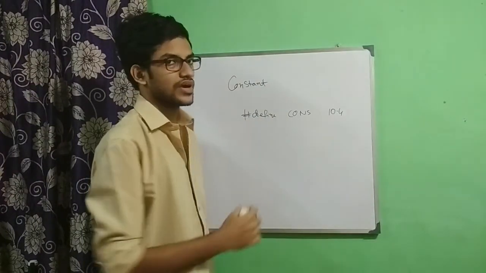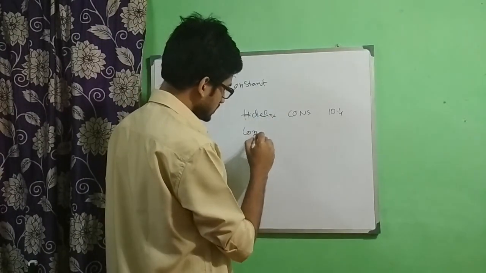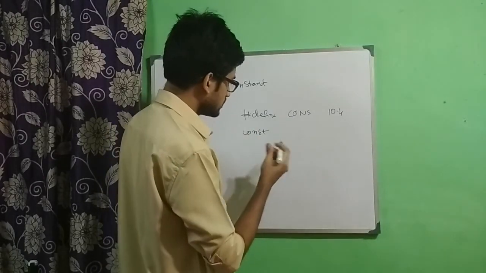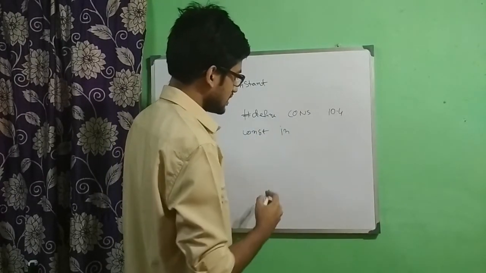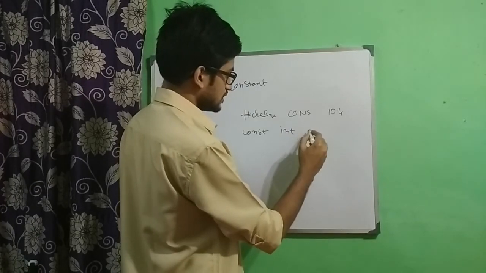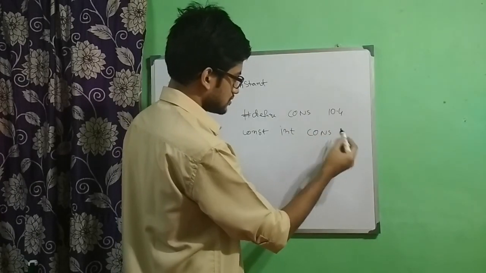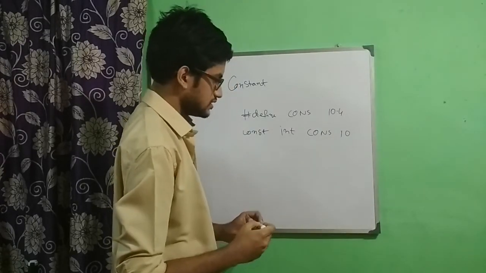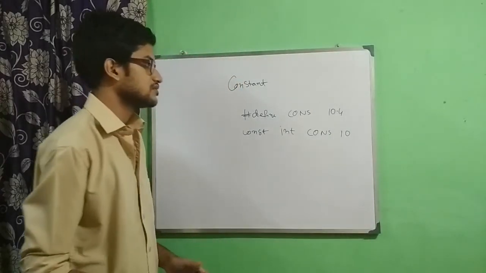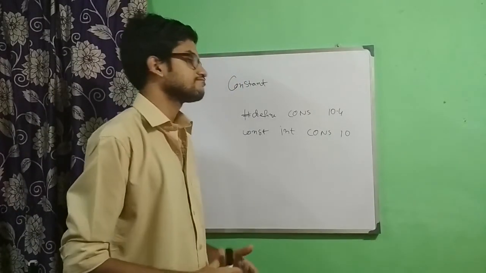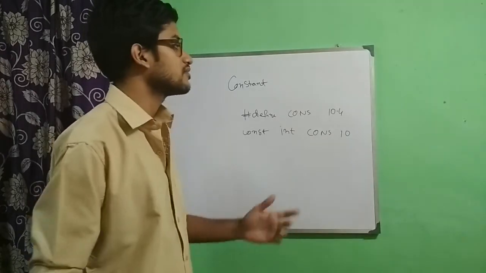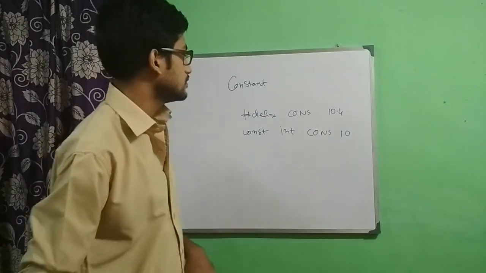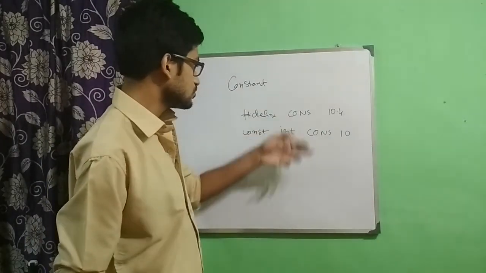This is the first way. The second way is using the const keyword in small letters, const, and let the data type be integer, then the name, and the value 10. I cannot use 10.4 here because it's the integer data type. It cannot contain a decimal point. It cannot be a fractional number when working with the integer data type. So these are the two ways we have.